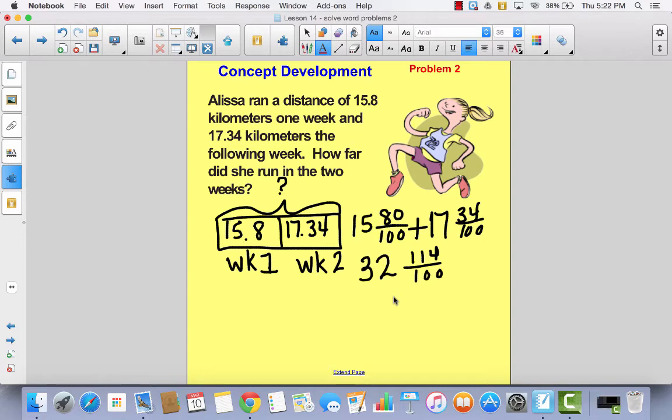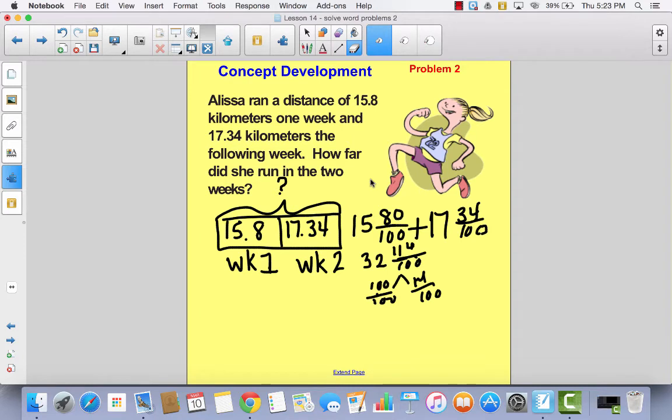So I'm going to go ahead and create a number bond here, and I'm going to decompose so that I can make this into a mixed number. So this will give me 100 hundredths and I would have 14 left over.